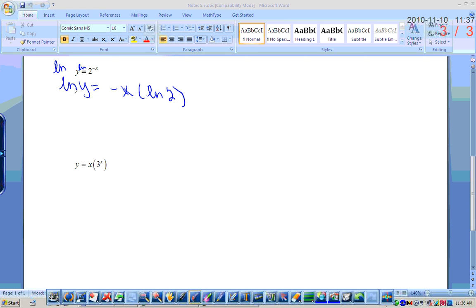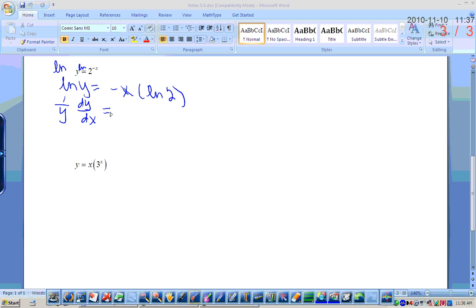All right, so what's the derivative of the left side? 1 over y dy dx. What's the derivative of the right side? Okay, the natural log of 2 is just some number. It's a constant.